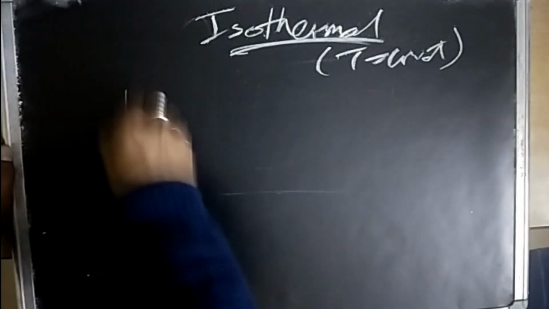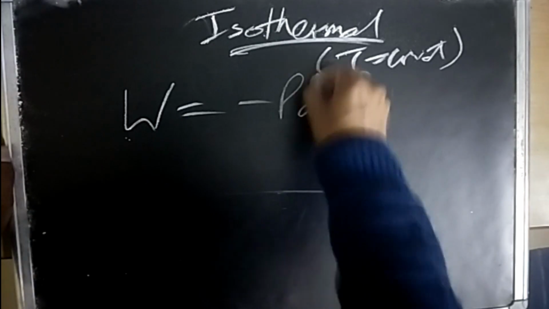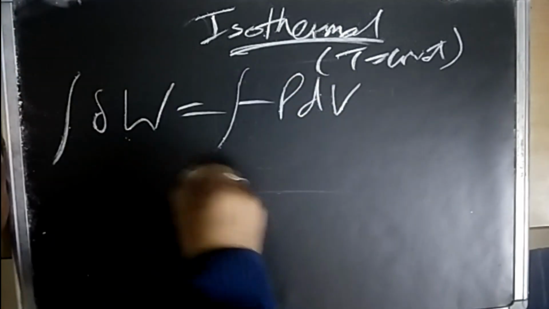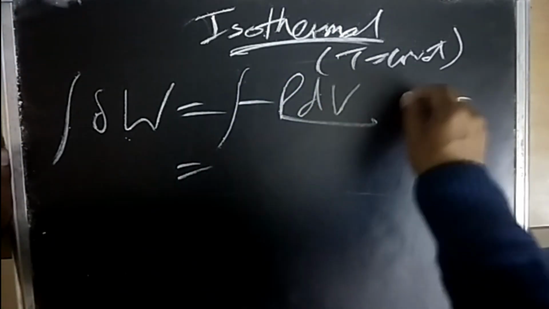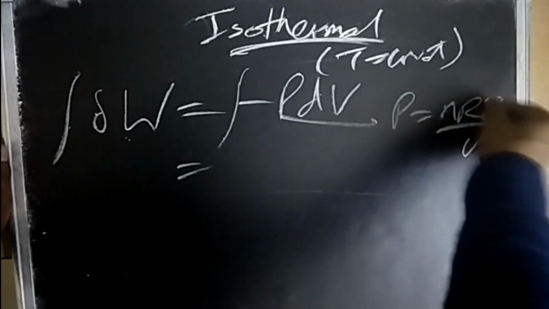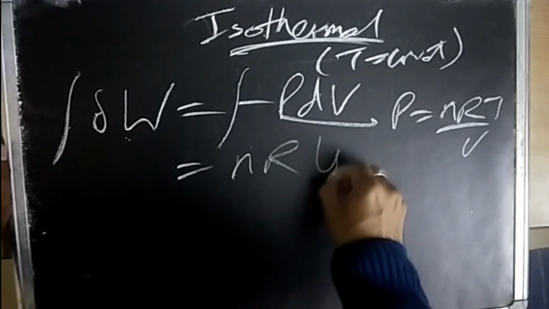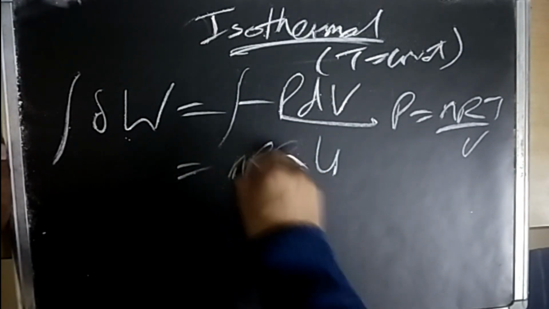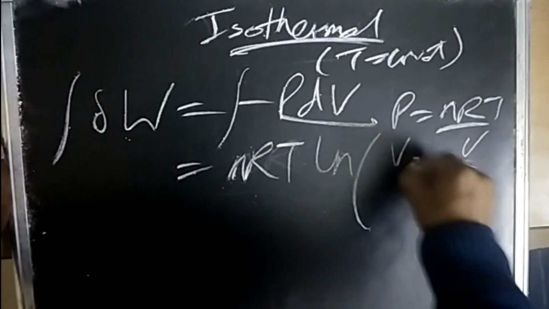Next thing is that let's take first isothermal. In an isothermal process, T is constant. Work is minus P dV. Integrate. If this is an ideal gas, then P is nRT by V. We put that in, and finally we get nRT ln V2 by V1.